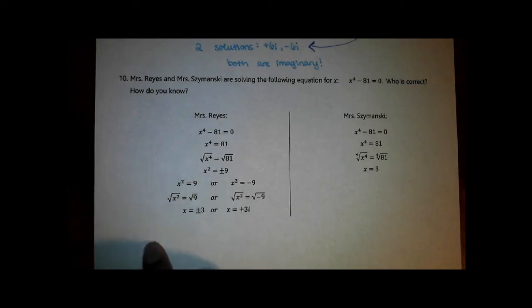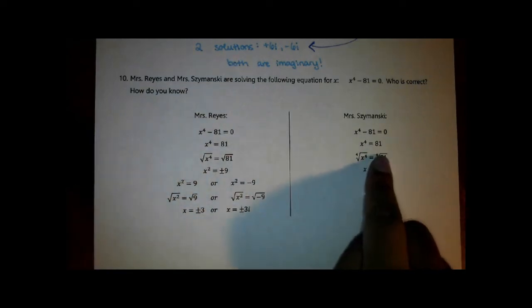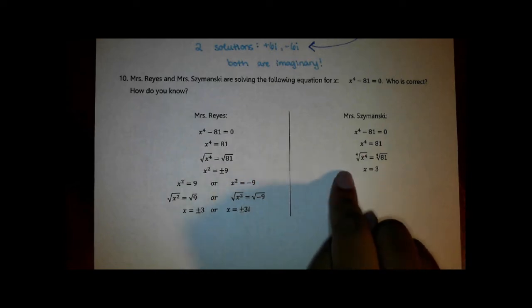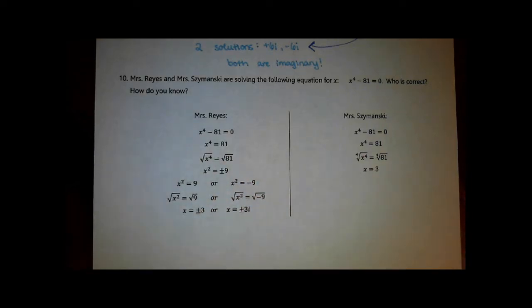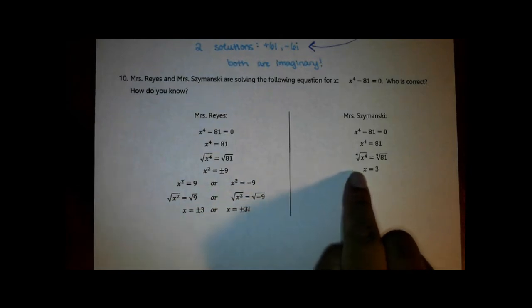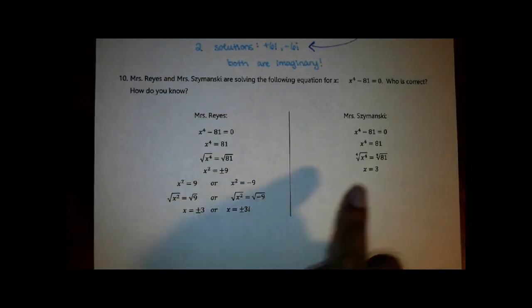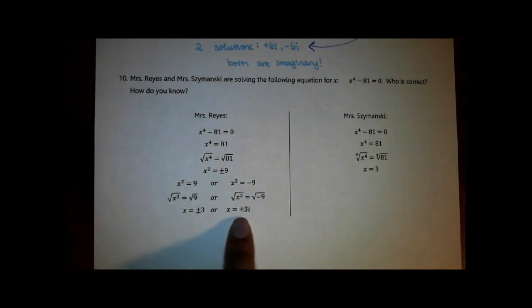Whereas Miss Szymanski did it a different way. She did a 4th root. And if we look at this, we can see that Miss Szymanski only got 1 answer, whereas Miss Reyes got 4 different answers.